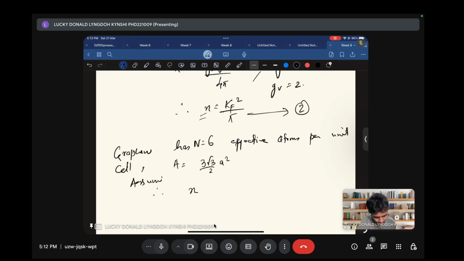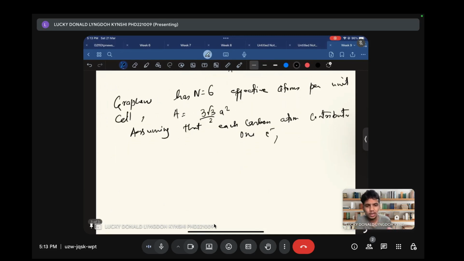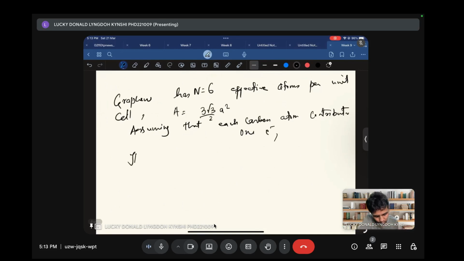Therefore n, which is the number of electrons, assuming that each carbon atom contributes one electron, then the electron density will be n equal to the number of electrons divided by the area, right?